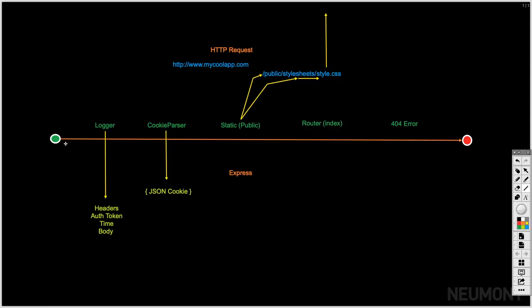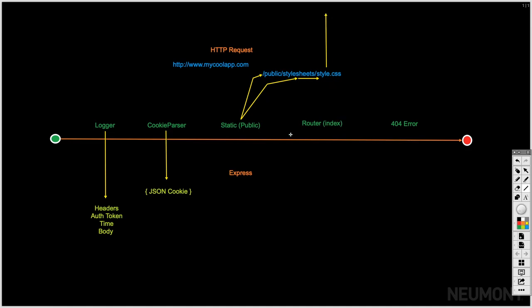And so we will end up with the actual request, instead of it continuing on to our router and then to the 404, our request actually will terminate with the static public middleware sending back this static asset to the user. And it's going to end right there.